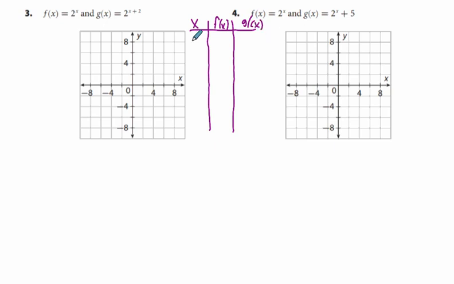So x is negative 2, we have 1/4, same as we had last time. Negative 1, we have 1/2. 0, 1. 1, 2. 2, 4. 3, 8.